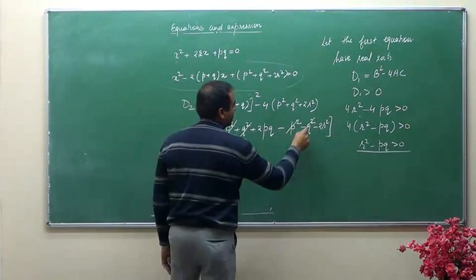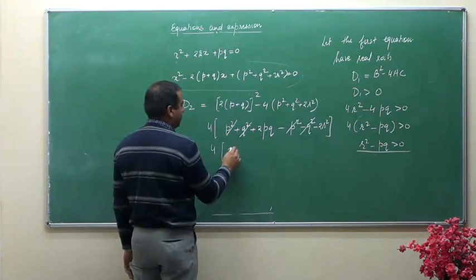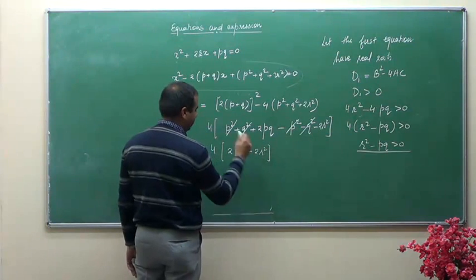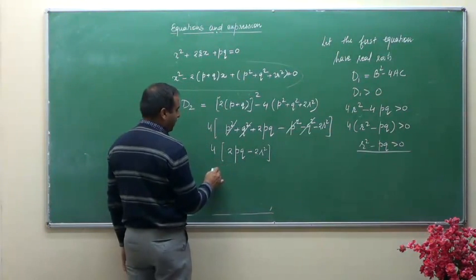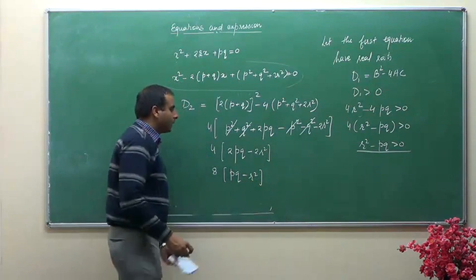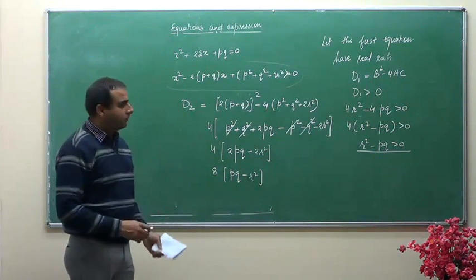So after simplifying it, it is 4 times (2pq minus 2r square), that is 8 times (pq minus r square). So what is the sign of this expression pq minus r square?